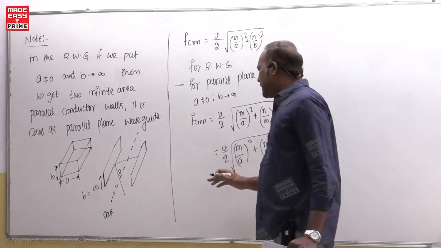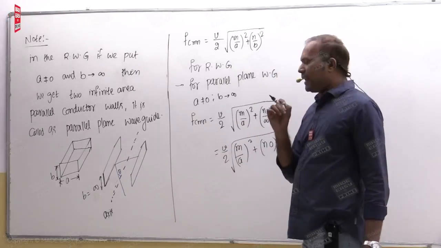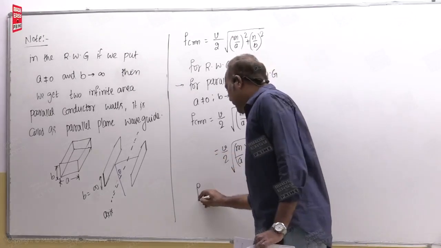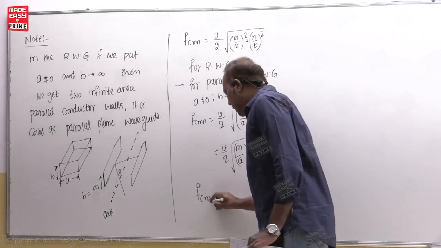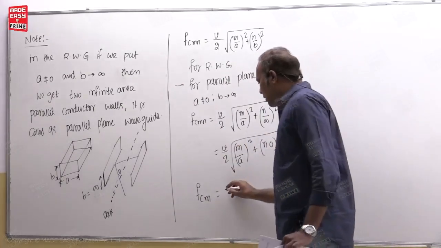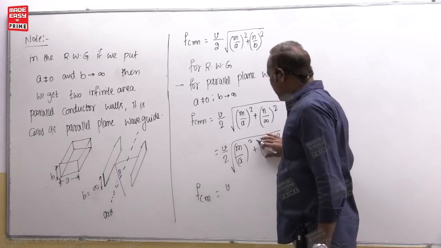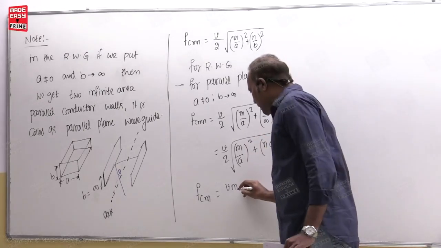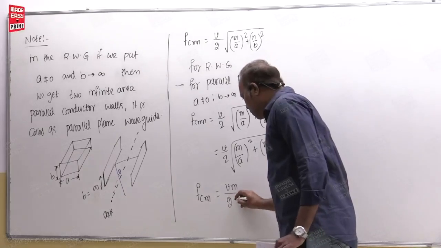So that is written as fc_m. A single integer is remaining now. So ultimately fc_m, because n has gone, n multiplied with 0 here. fc_m is equal to v, then (m by a) square under root means m by a. So v times m by 2a you get.